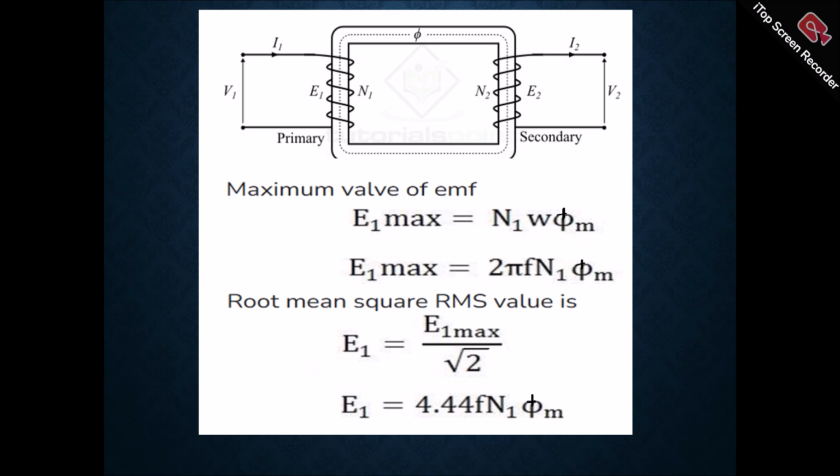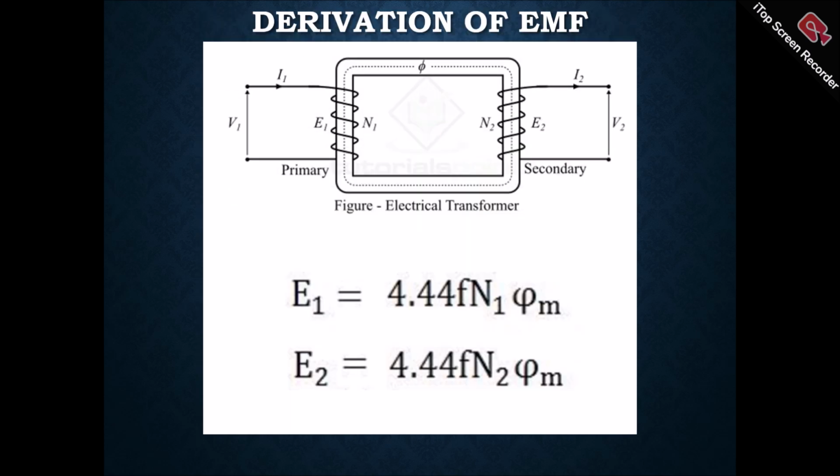If we substitute the value of pi as 3.14 and so on, and simplify, the answer will be E1 is equal to 4.44 into f into N1 multiplied by phi m. A similar thing can be applied for E2, and I will get the E2 equation as 4.44 f into N2 phi m.